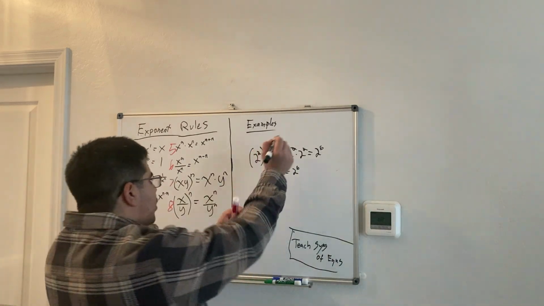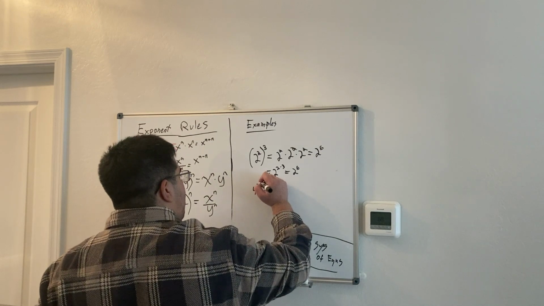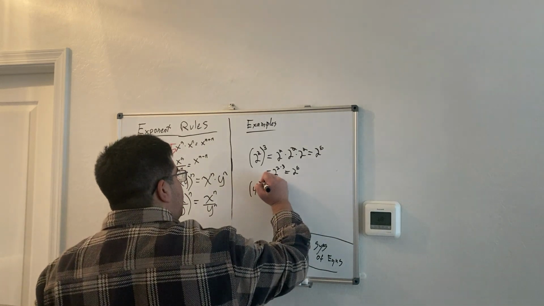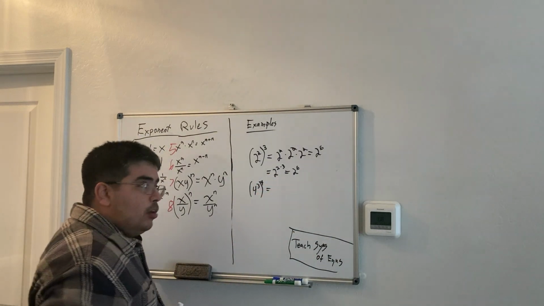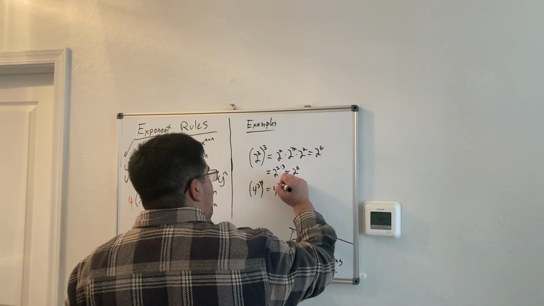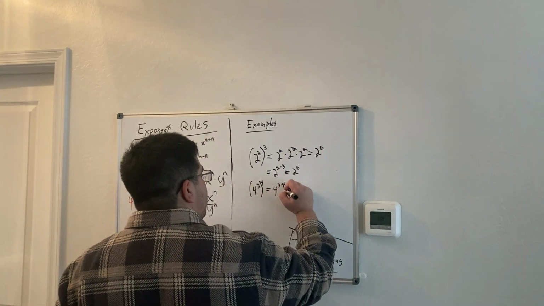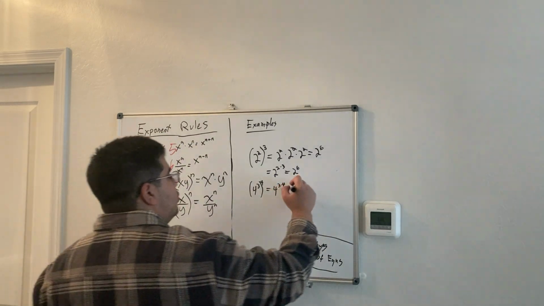Let's go with 4 to the third power, all raised to the 4th power. All right, what's that going to equal? That'll equal 4 to the third power times 4, so we multiply these. 3 times 4 equals 12.